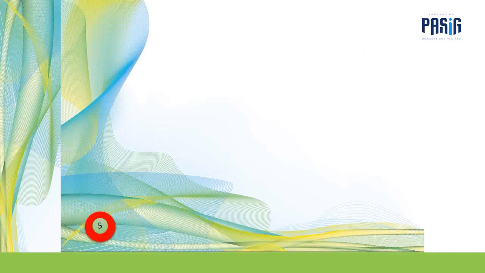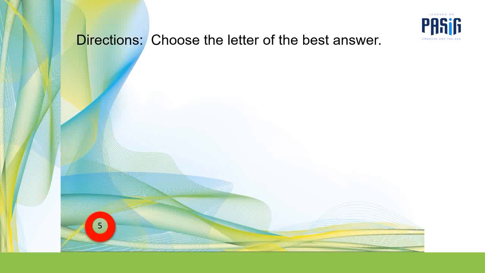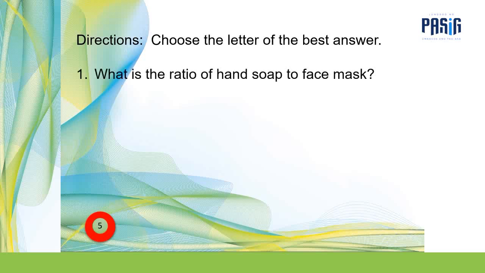Let's move on to the last part of our discussion. In this part, there will be a 5-item test. You are given 5 seconds to answer each item. Please write your answer in your math notebook. Ready? Let's begin. Directions. Choose the letter of the best answer. Number 1.